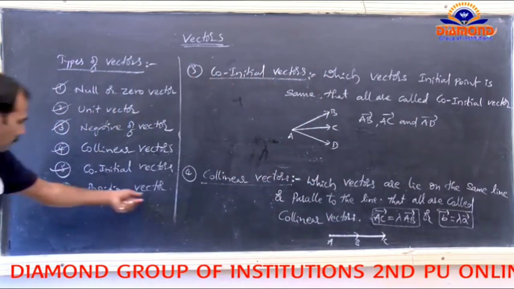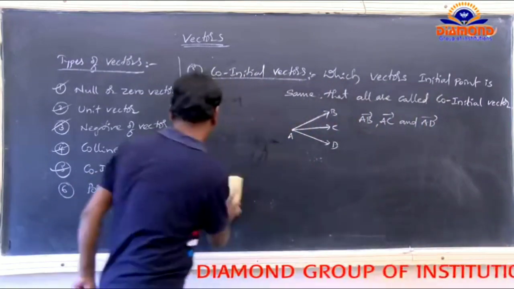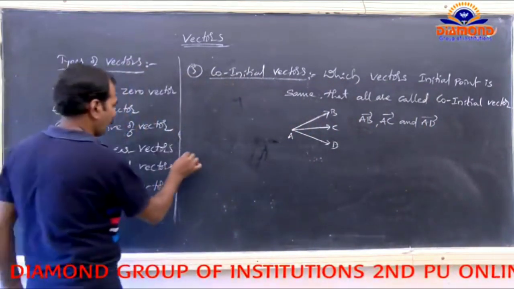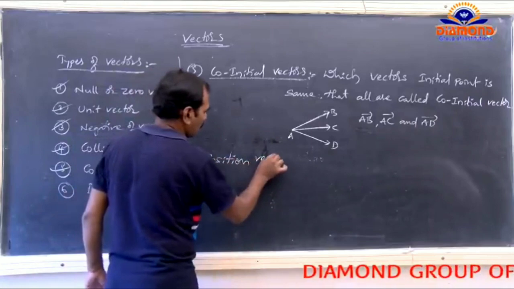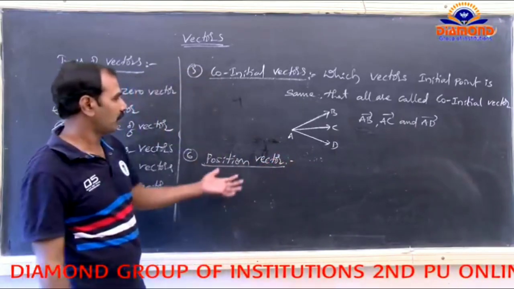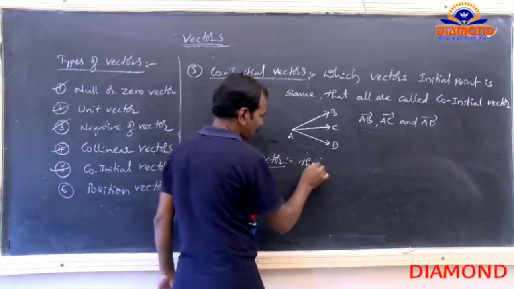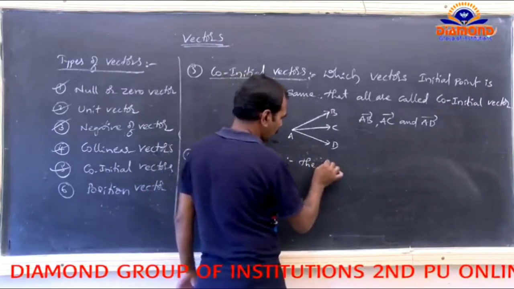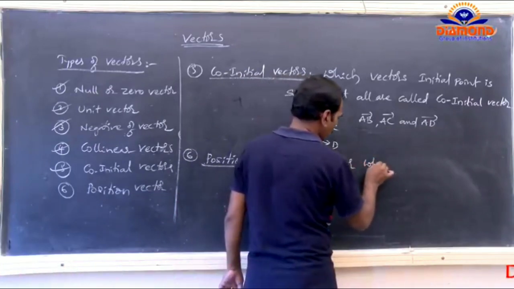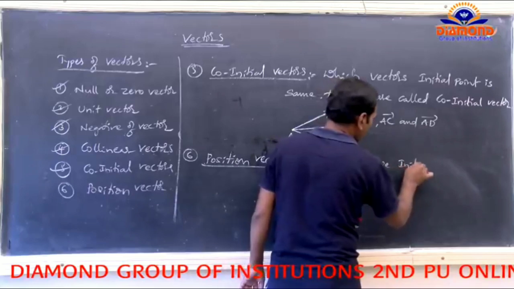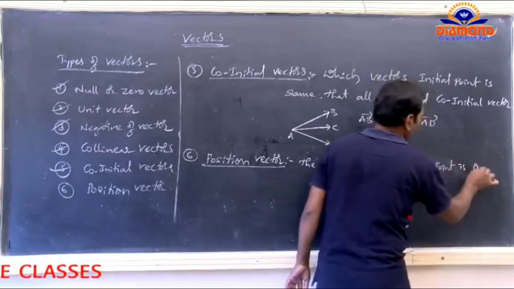Next, position vector. So simple. Position vector means the vector whose initial point is the origin.